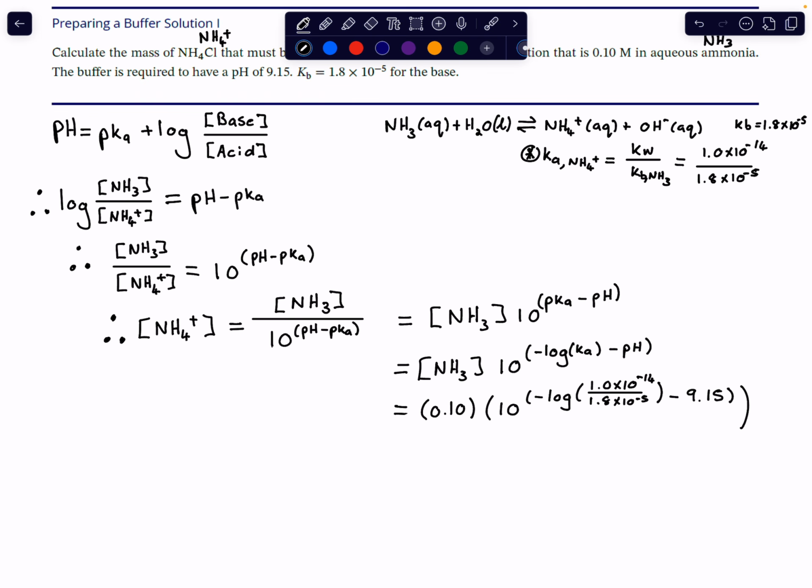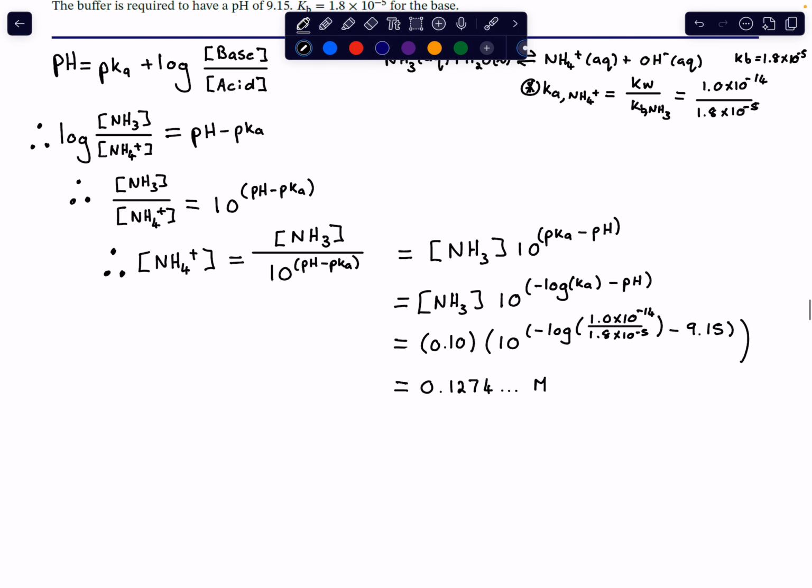If you put it into your calculator, this will all be equal to 0.1274 and so on molar.